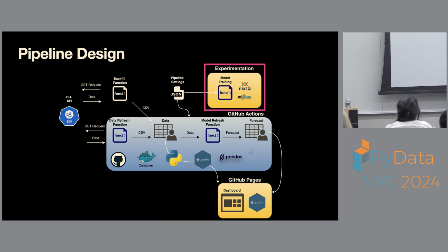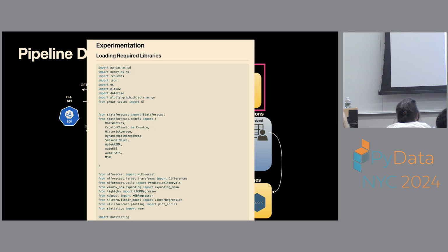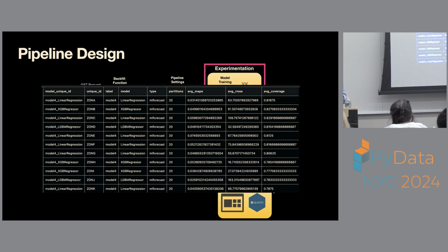So that's the experimentation. And again, I use a notebook for this. And that's the output. So we have 11 models. And I ran 2 different sets of models, each running XGBoost, linear regression, and LightGBM with different parameters.